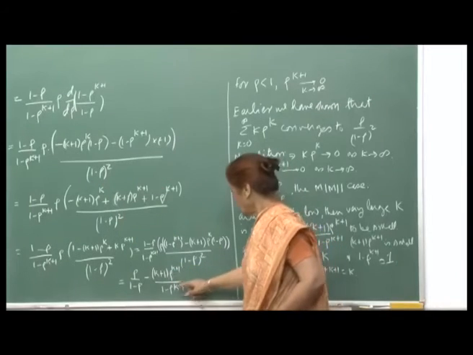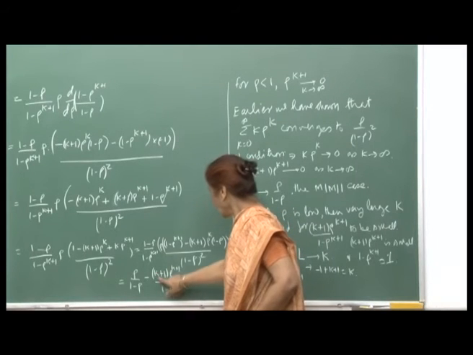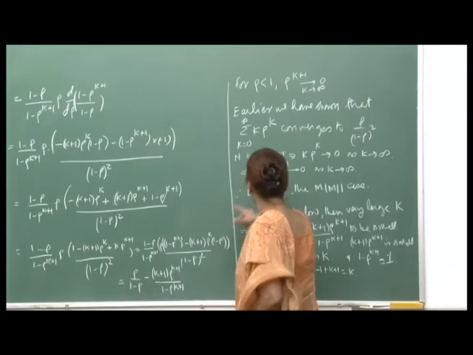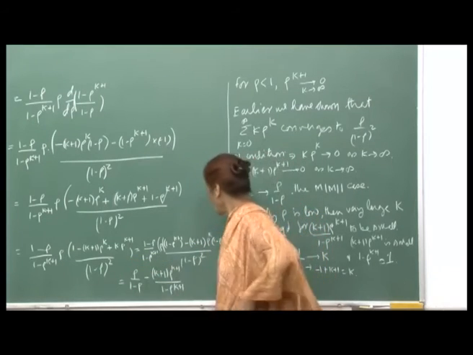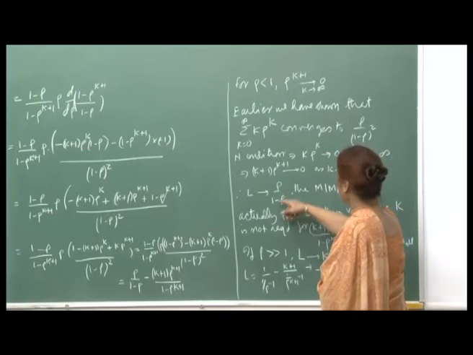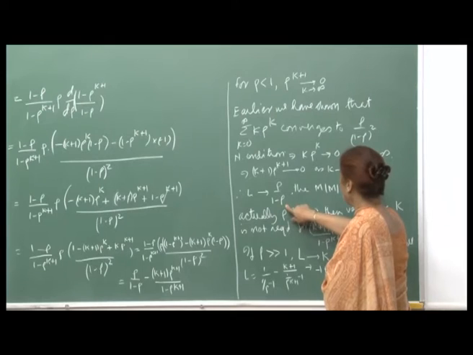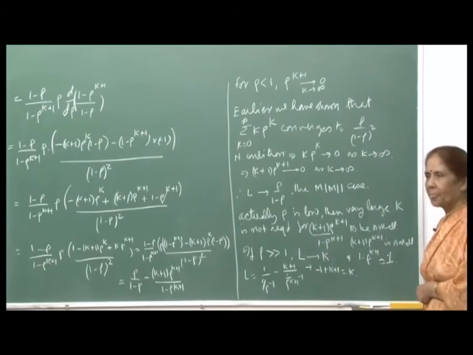Now if you look at this here, this is going to 0. So, this reduces to 1 and (k+1) rho^(k+1) goes to 0. Therefore, the limiting value of L when rho is less than 1 and as k goes to infinity is rho upon (1 minus rho), which is the M/M/1 case.